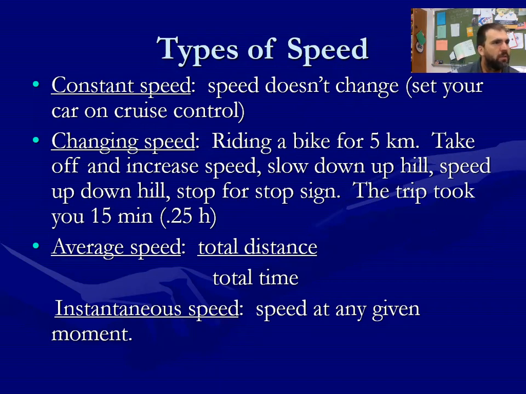I've gone 50 miles, and it's taken me 1 hour. So my speed was 50 miles per hour. And he'll say, no, you were going 94. Well, that was my instantaneous speed. You didn't ask what type of speed I was talking about, okay? Your speedometer shows your instantaneous speed.